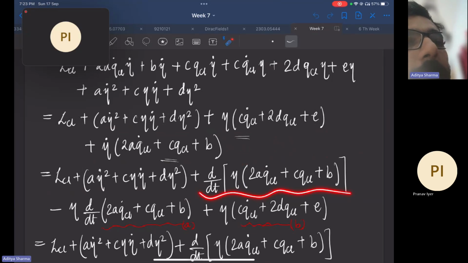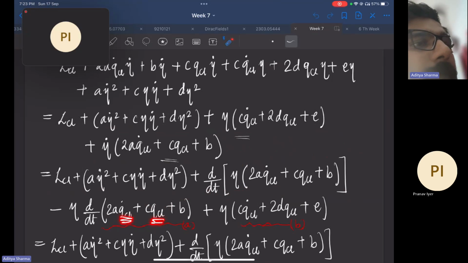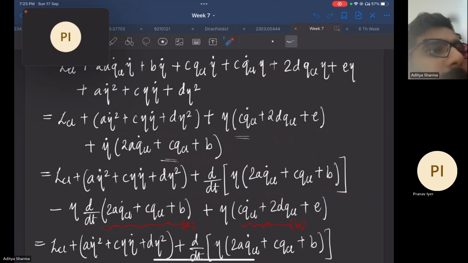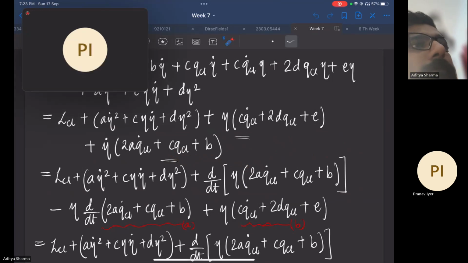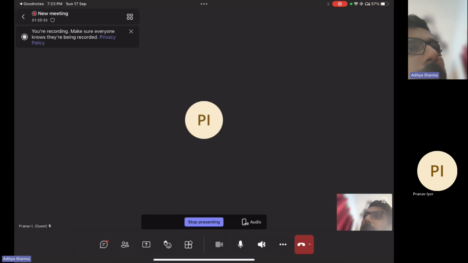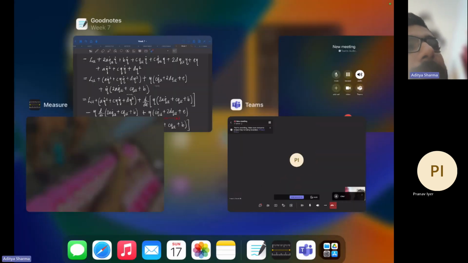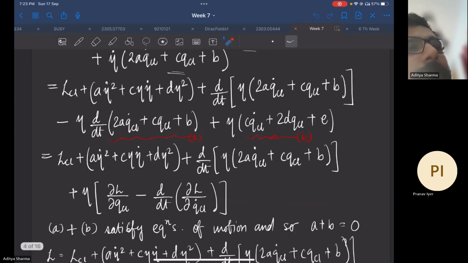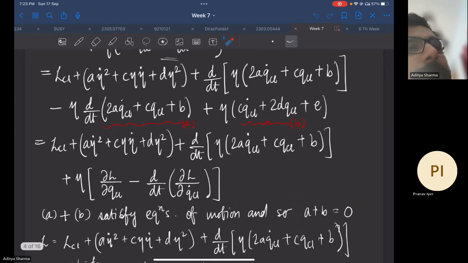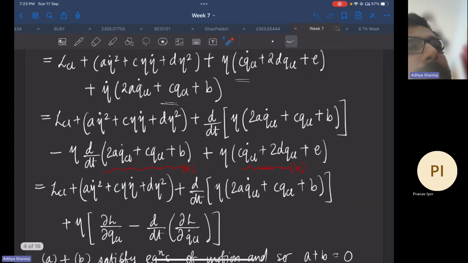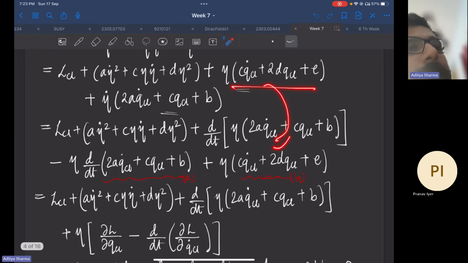So I am subtracting from this term the 2a q double dot term. So this minus this will give me this term. All right, clear till here? Okay.